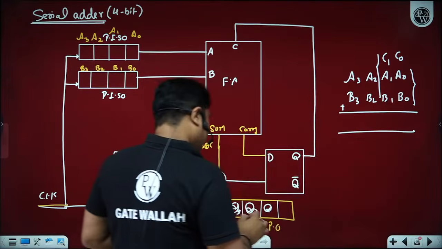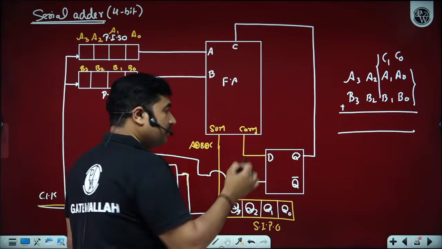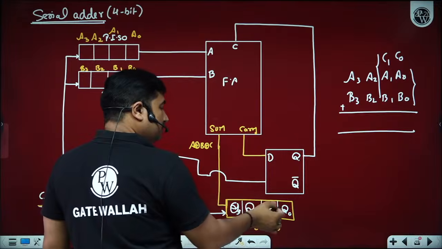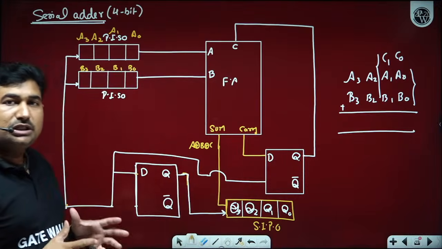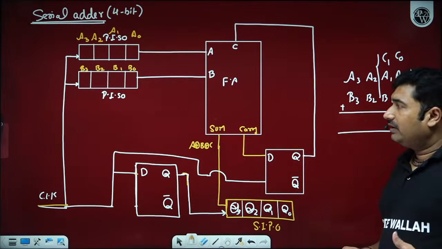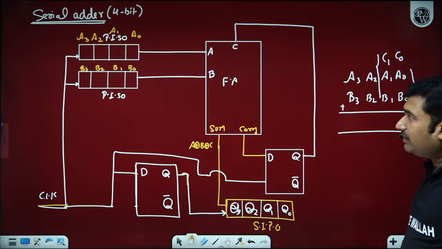We have shifted Q3 to Q2, then Q1 to Q0. Now you can observe Q3, Q2, Q1, Q0, all these 4 bits along with Q as the carry out bit, we have the addition result. So this is how a serial adder performs its operation.